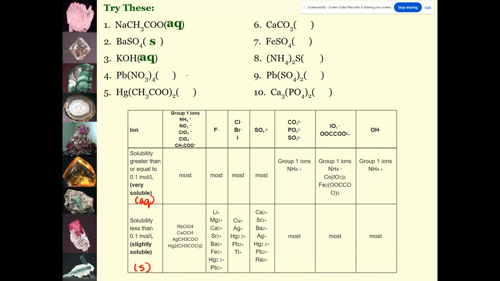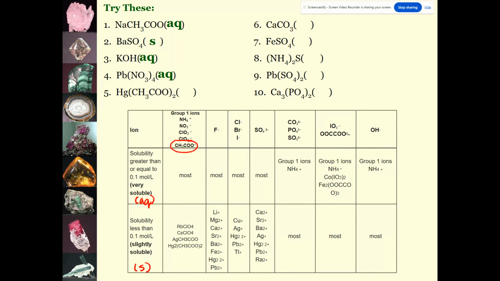Next I have lead nitrate, and lead is multivalent. Remember, if a metal is multivalent, it can actually affect its solubility on the solubility chart. Now with nitrate, there are no leads that are solid with nitrate. So that means no matter what charge it has, it's aqueous. But some of them, like the next example here, mercury acetate.